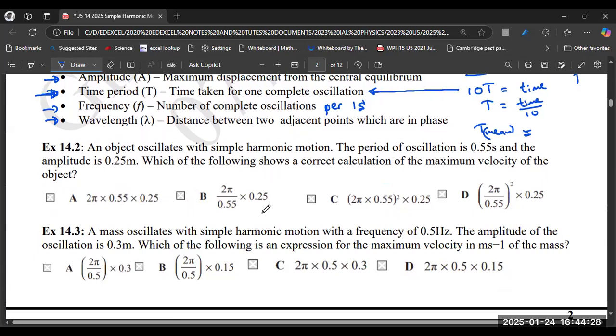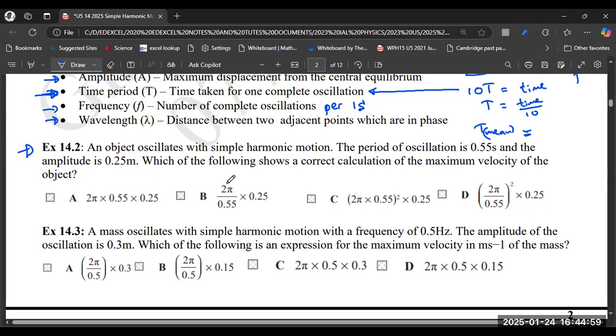Right. Now, I told you some additional knowledge because there are definite questions in Unit 6. Then we'll move on to 14.2. An object oscillates with simple harmonic motion. The period of oscillation is 0.55 seconds and the amplitude is 0.25 meters. Which of the following shows the correct calculation of the maximum velocity of the object? Now you can understand they're asking these questions, isn't it?